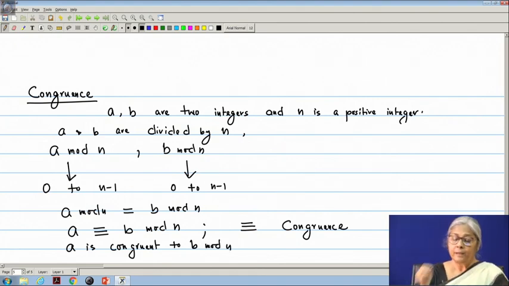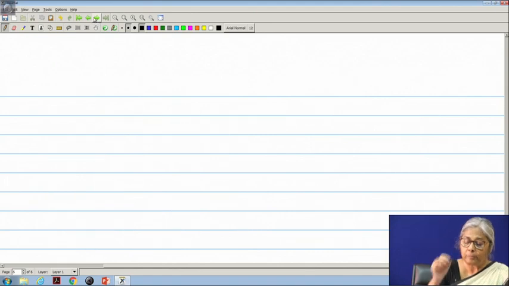Okay. Now, we see some properties of this congruence. Property 1. Again, these are also properties of the modulo operator, because congruence is nothing but the modulo.